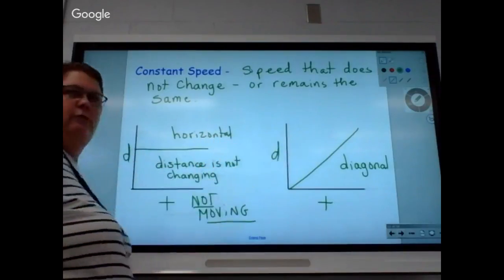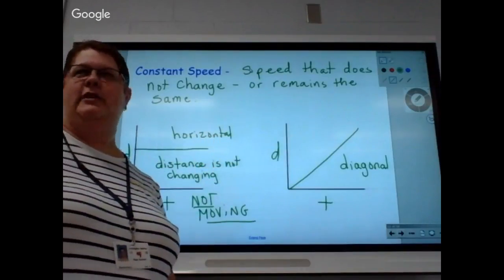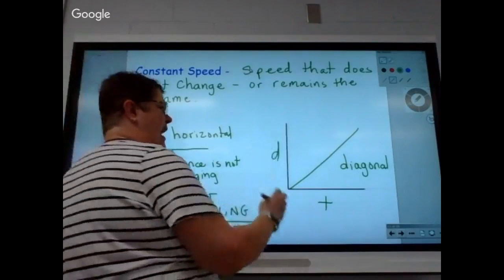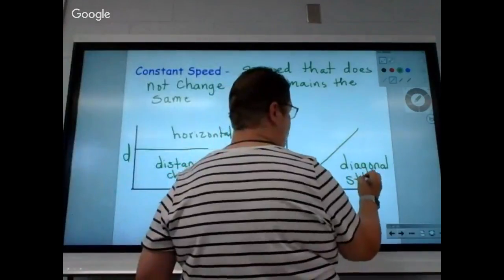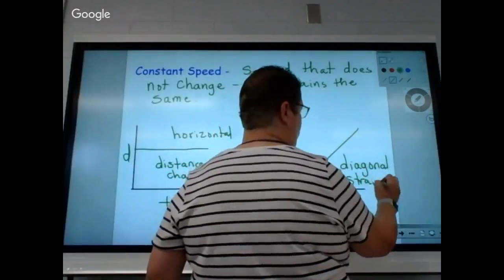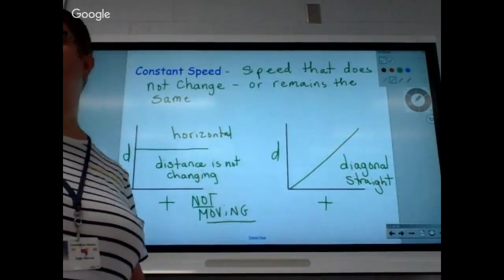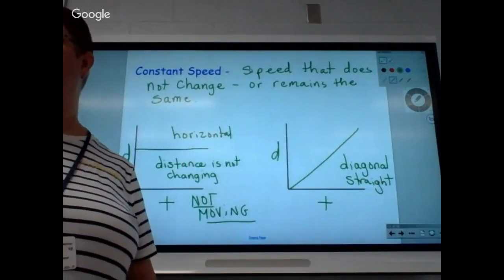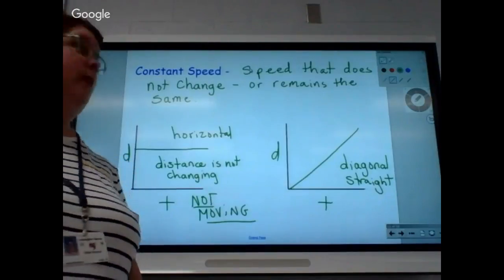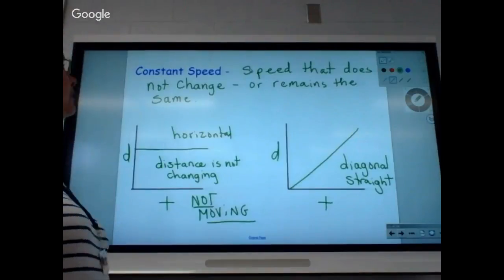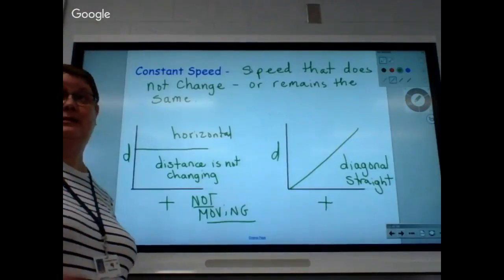That was diagonal. Now, to compare it with average speed we're getting ready to draw, this one is diagonal and it's also straight. It's perfectly straight and it's diagonal. That's going to be important in a minute when we go back and draw average speed. Because average speed is not straight.